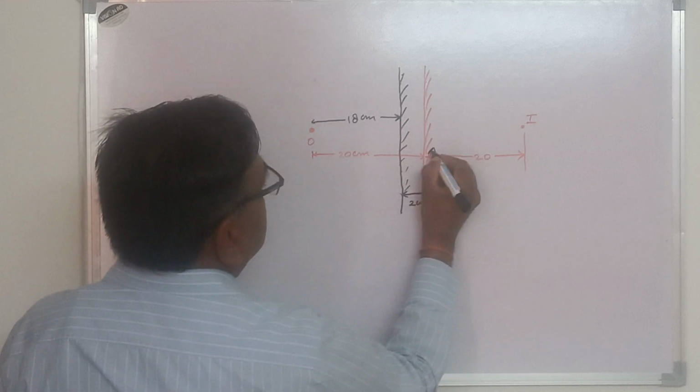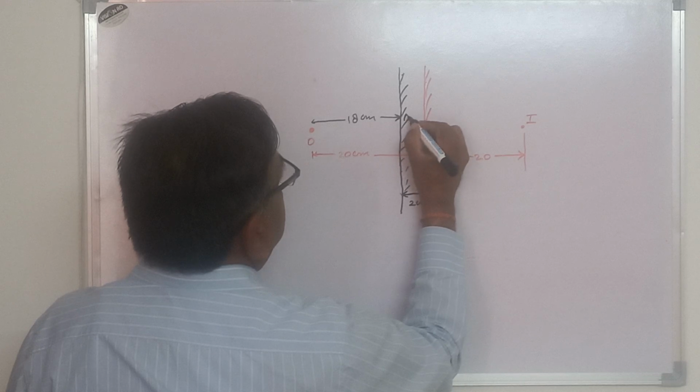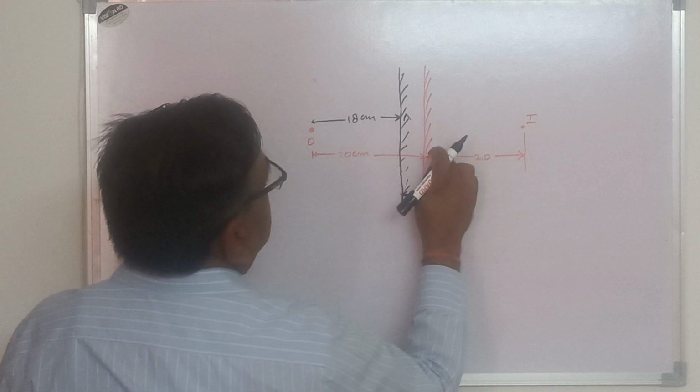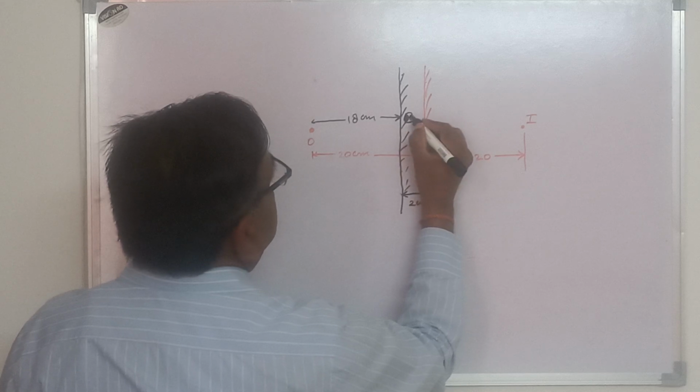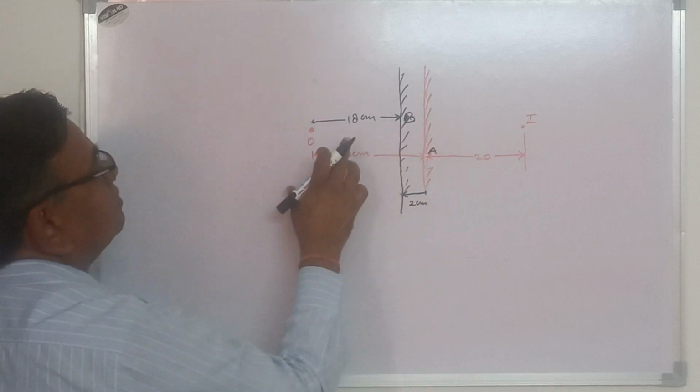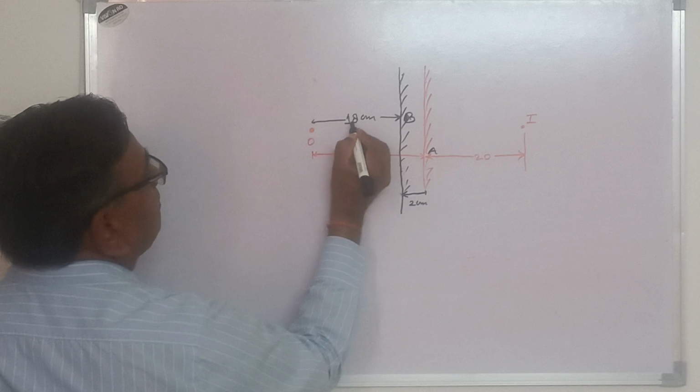Now the distance O, and here this point, you can say this point A, this point B, let it take B. We don't require, we have to find out in our language.